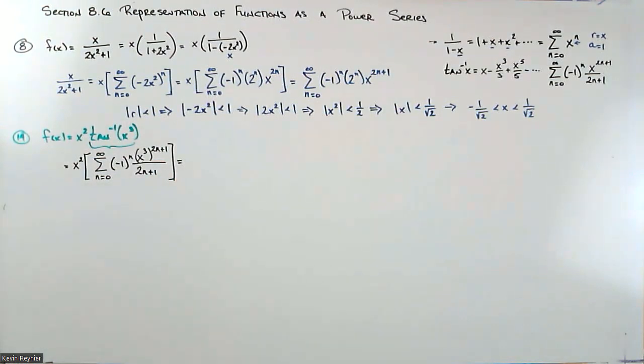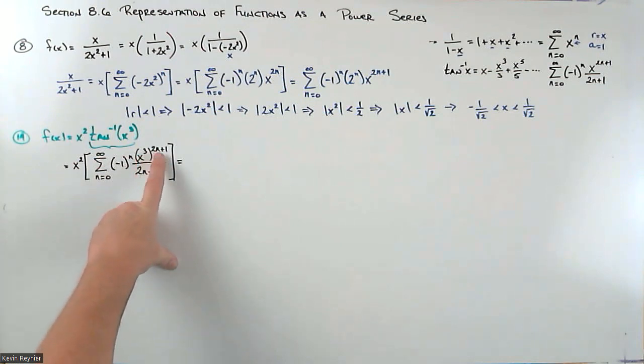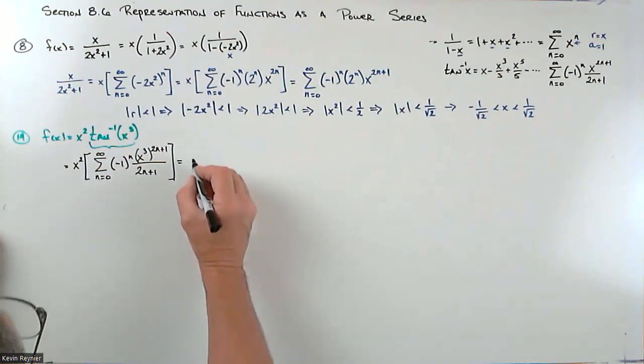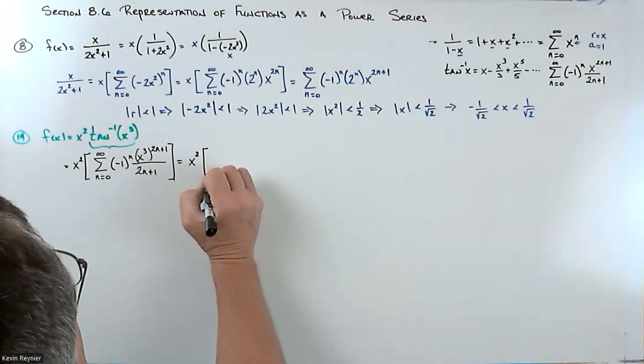Now, if we simplify that, what can we find? Well, by the rules of exponents, this is going to be 3 times 2, that's 6n, and 3 times 1, that's 3. So we're going to have our x squared on the outside.